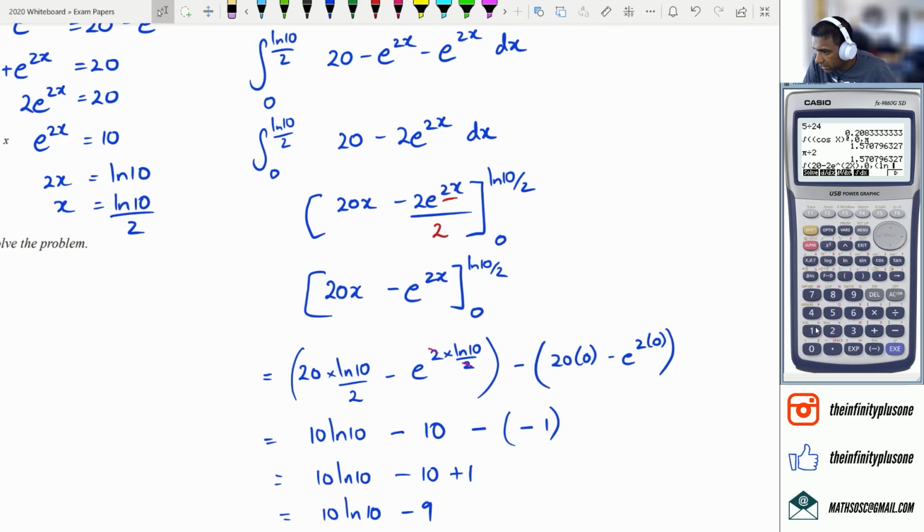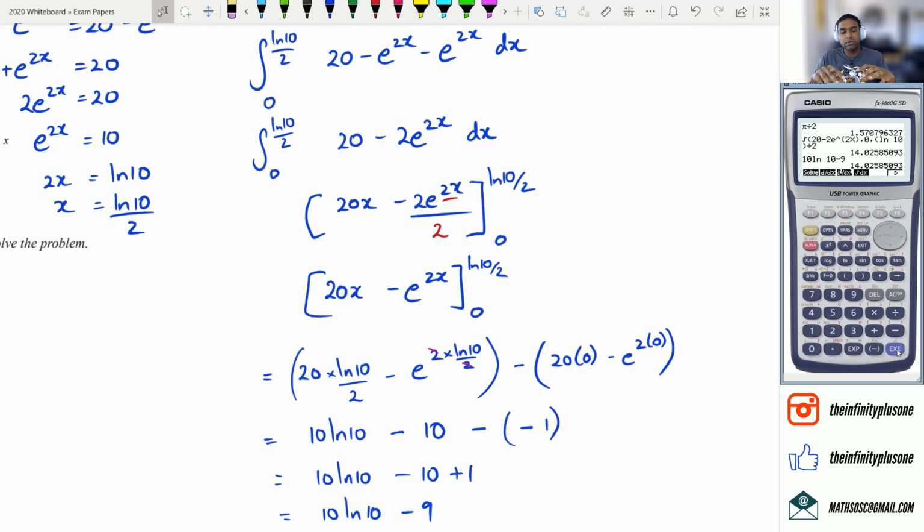Talk about ugly numbers. Okay, it is giving us an answer of 14.025. Let me calculate what 10 ln of 10 minus 9 equals. And if that equals that, there we go. We're on the right track.